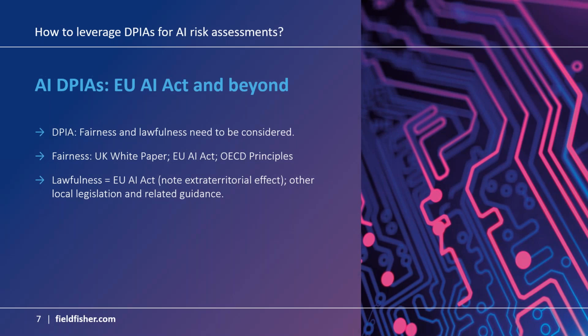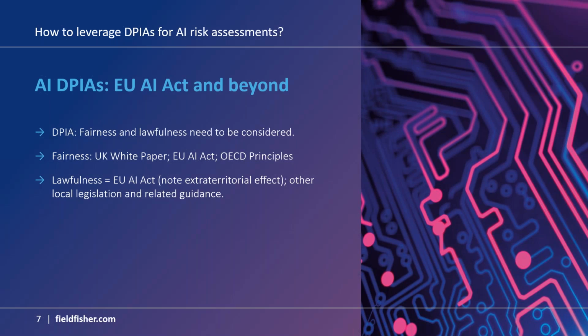And we've got, for example, the OECD principles. We see a certain amount of commonality across all of those principles. For example, if we look at the UK white paper principles, they set out 5 principles aimed at governing responsible AI innovation, and they include safety, security, and robustness, appropriate transparency and explainability, fairness, accountability and governance, contestability and redress.